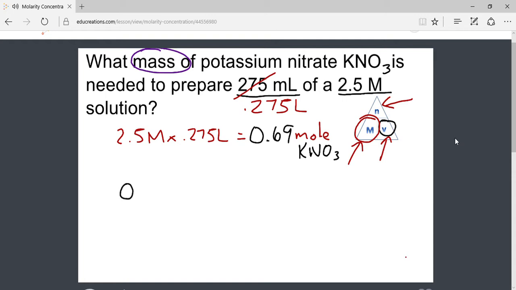Therefore, we'll take 0.69 and multiply by 101.11 to arrive at the number of grams. This equates to 70 grams of potassium nitrate necessary.